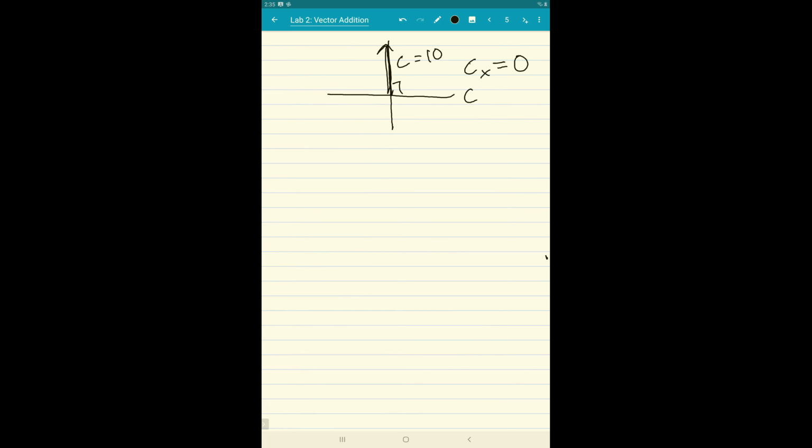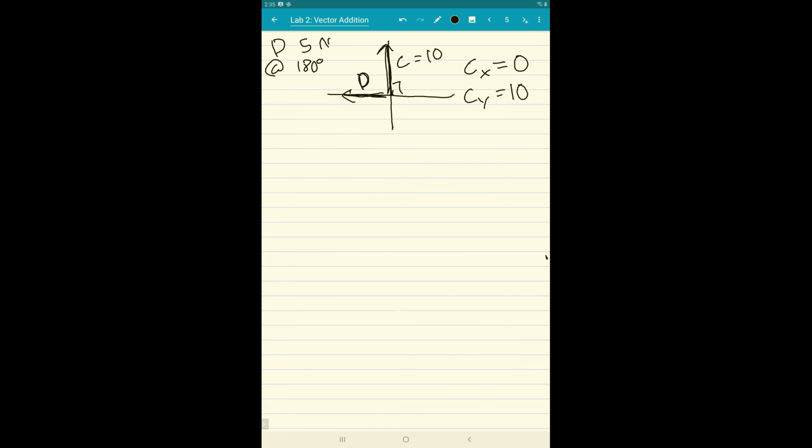Okay, and then its y component, well, if the x component's 0, the y component's got the rest of the information in it. That's got to be the 10, because it is pointing all the way in the direction of 10, right? How about another vector? I'll call it D, right? Looks like an O, whatever. They give you D, and they say that it's 5 newtons at 180 degrees. Okay, what's its components?